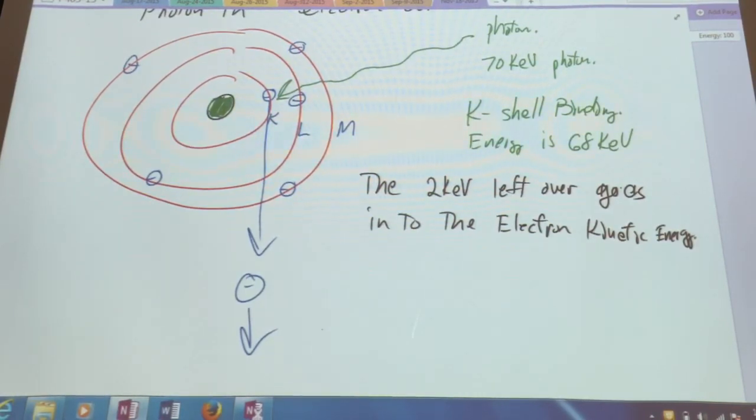And what is our energy going in? 70 keV. Well, let's be a little more broad. It's the energy of the photon. So why don't we have that be something like EP, the incident photon, some symbol that will lead you to think of the incident photon energy.